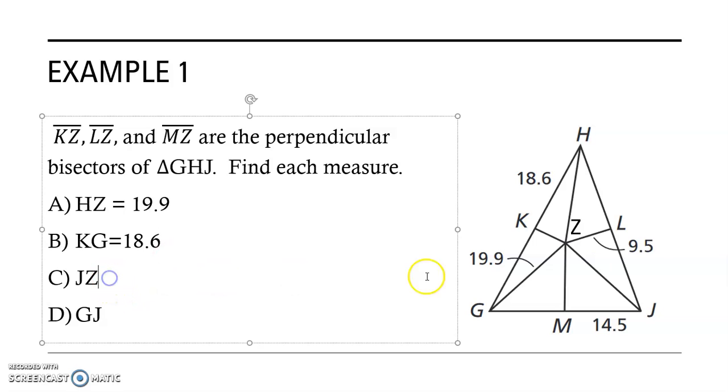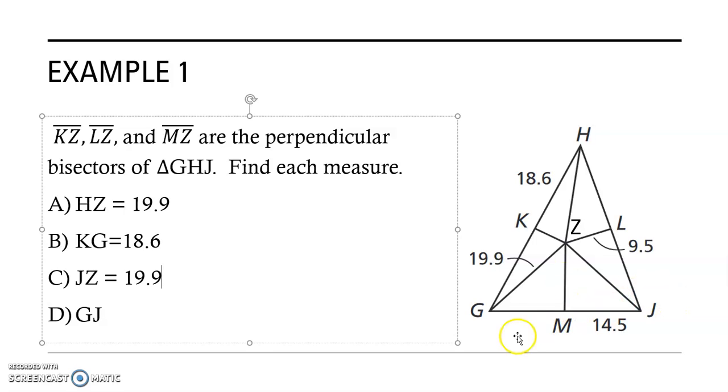Next, they wanted JZ. Now, JZ is another segment that goes from the circumcenter to a corner. So remember, all of those are equal. So I just find another one that goes from the circumcenter to a corner, and that's my answer. So again, it's 19.9.